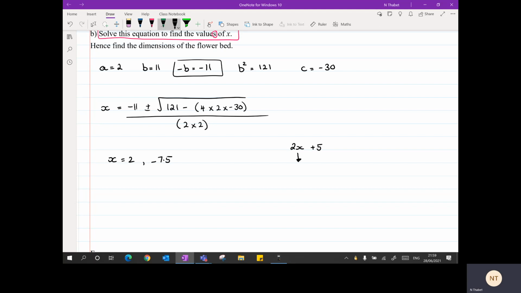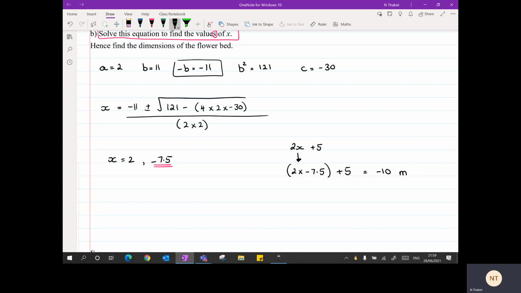So imagine if we take x to be negative 7.5. 2 times negative 7.5 is negative 15. Plus 5 means that this flower bed measures minus 10 meters. Well, it's a real dimension.